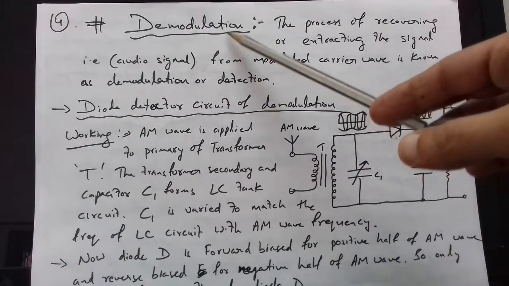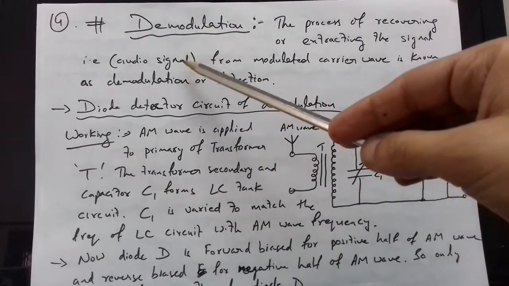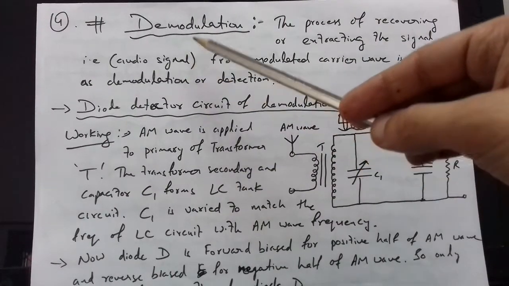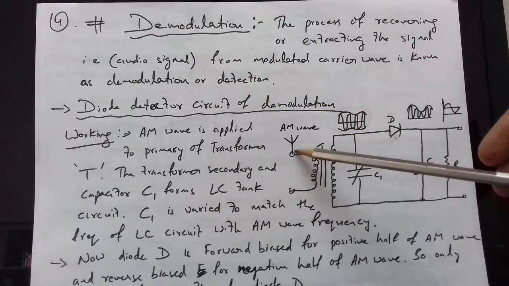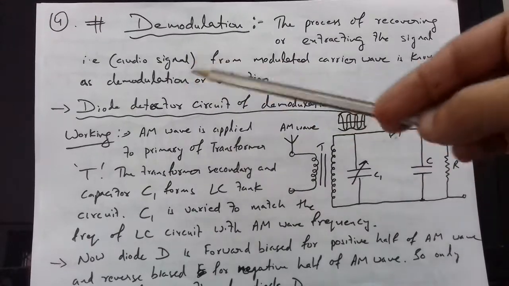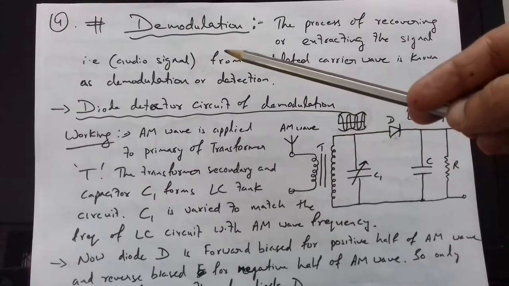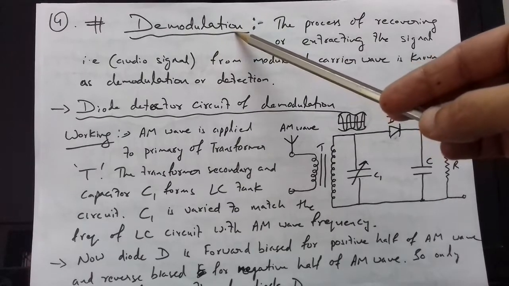Demodulation is just the opposite of modulation, because when the AM or FM wave reaches the desired place, we want to extract the audio signal. That process of extracting or recovering the audio signal is called demodulation.